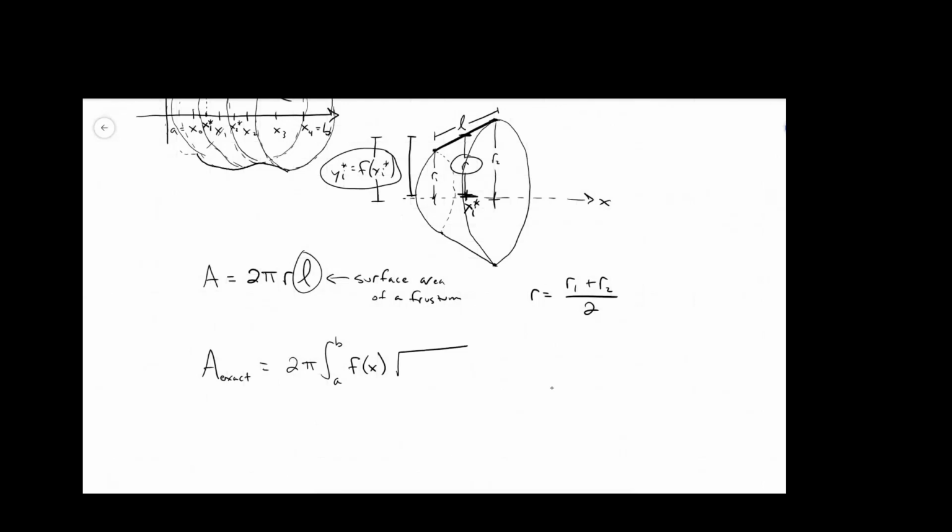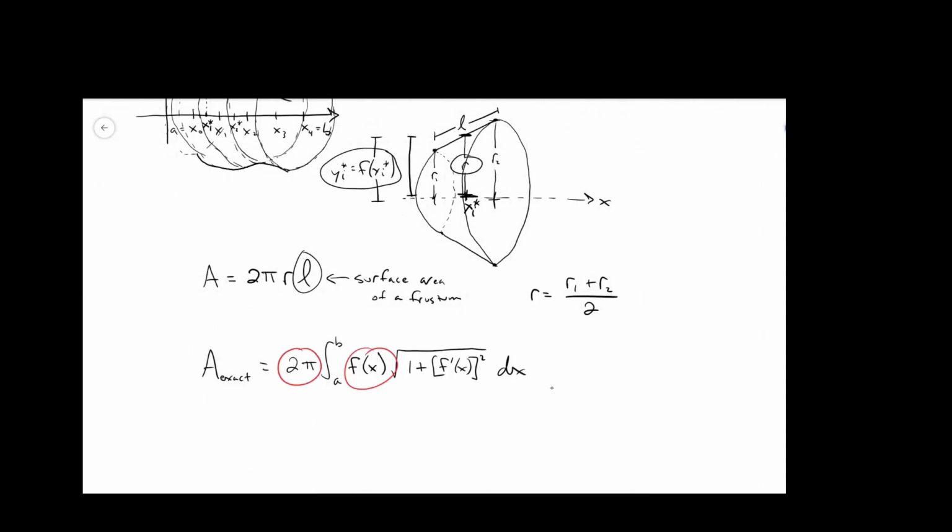So we already know the formula and we just plug it in. That's the square root of 1 plus f prime of x squared. So really, it's just using the formula that we already had, but with a couple of other things: the 2 pi for one, and then this f of x as well.